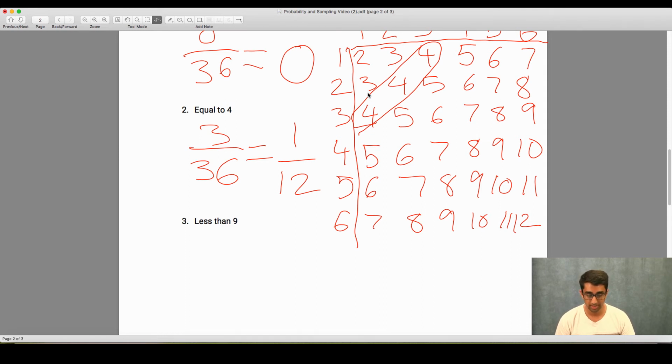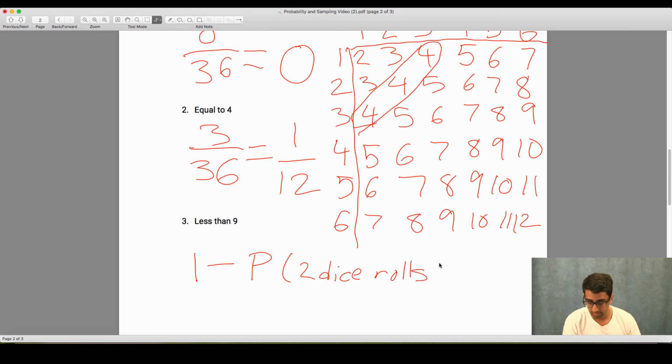What we can do is take the complement. We've talked about the complement earlier in this video, but we can say that the probability is 1 minus the probability of 2 dice rolls being greater than or equal to 9.